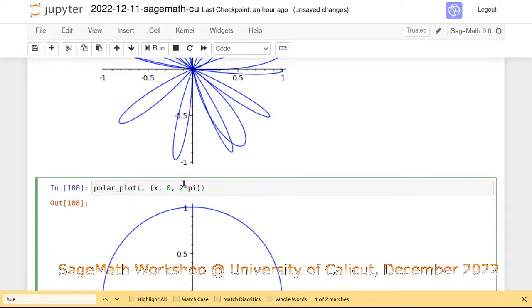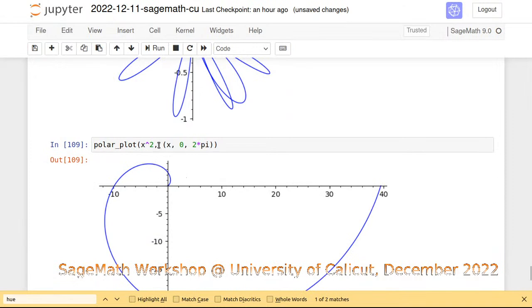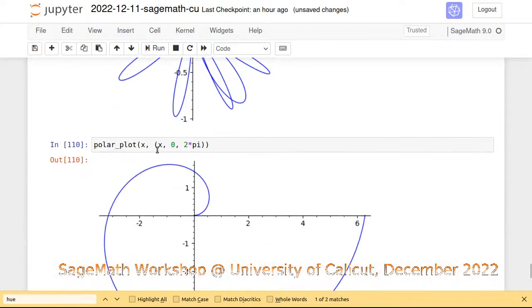Now here, x square or x itself. So what is one point? 0, 0 is one point, right? 0, 0 is the origin. After that, when x becomes pi by 2, the point becomes pi by 2, pi by 2.